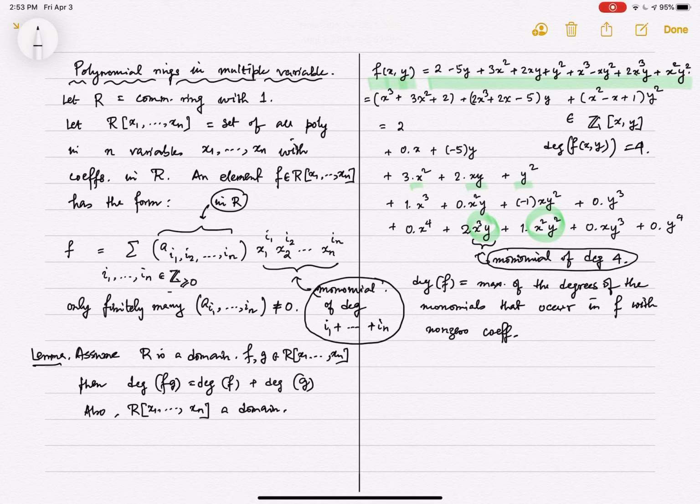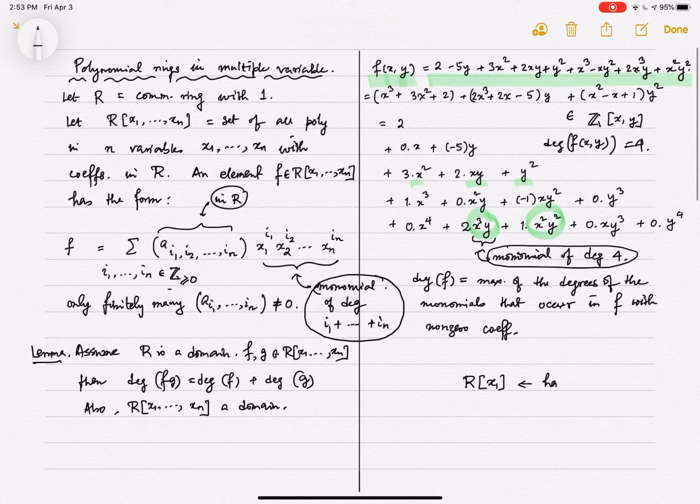I did not quite say formally what multiple variable polynomial rings are. We spent quite some time defining what R[x1], a one variable polynomial ring, means. This has been defined formally, carefully.